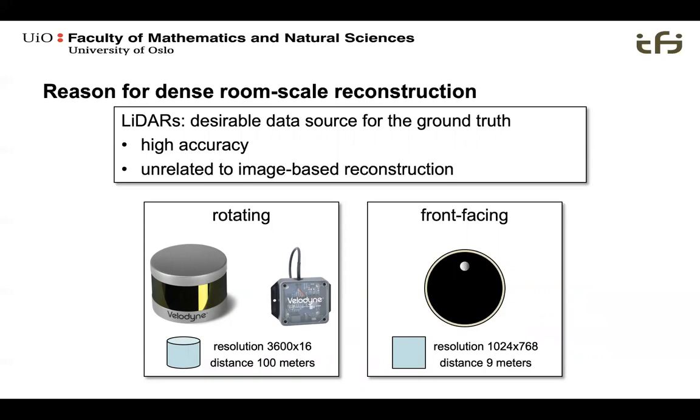When it comes to LIDARs, we have a family of affordable LIDAR scanners that rely on rotating beams scanning the environment. One example is the Velodyne VLP16, which has a resolution of 3,600 pixels horizontally by 16 pixels vertically, and scans up to a distance of 100 meters.